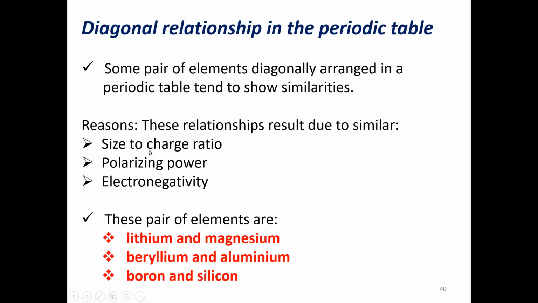Your lithium and magnesium usually have similar size to charge ratio. Your beryllium and aluminum most times usually have similar electronegativity. So depending on the property that they have, will tell us if such pairs of elements will show diagonal relationship.